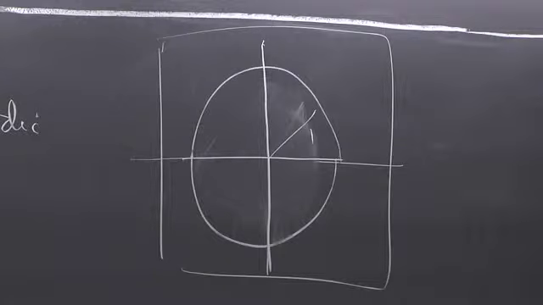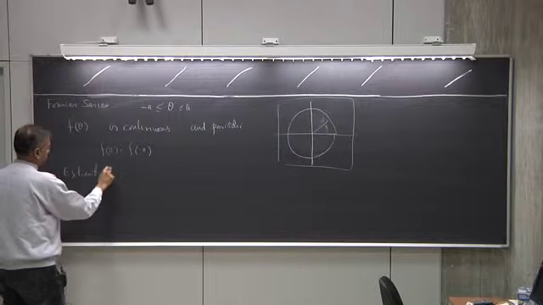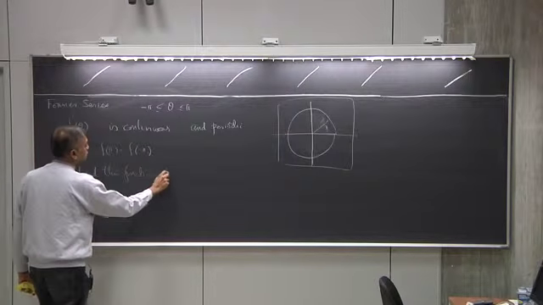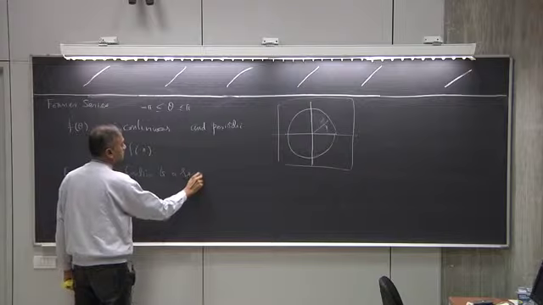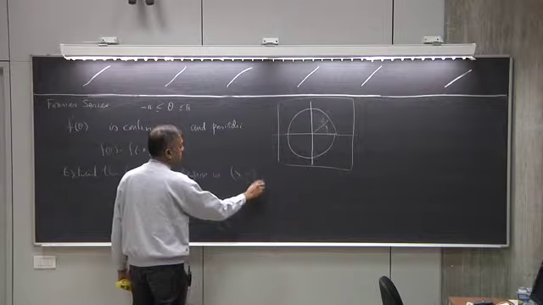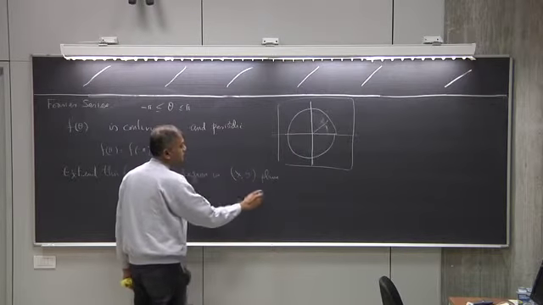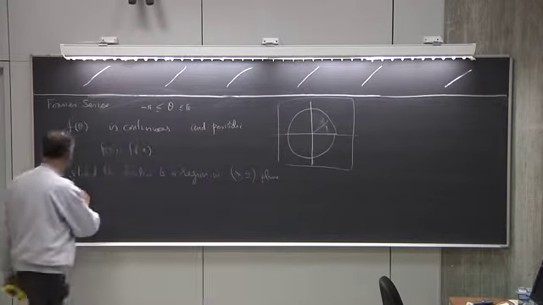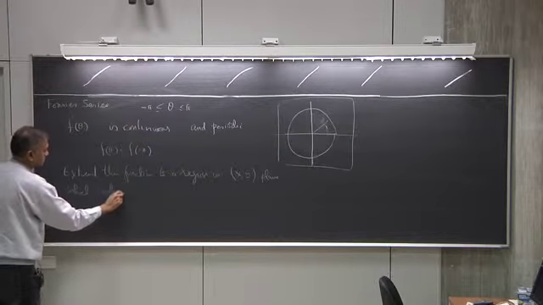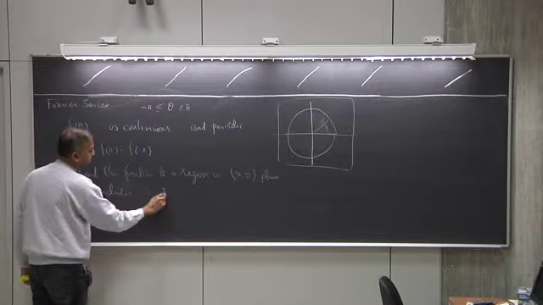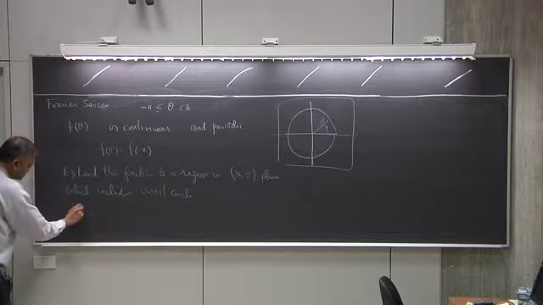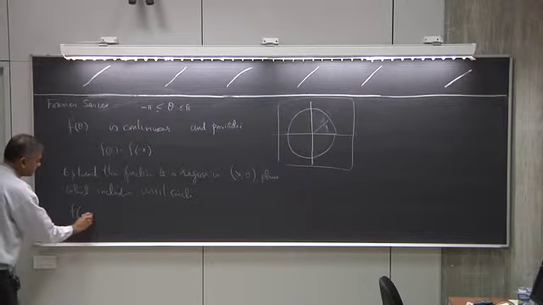So, we can extend this function to a region in the xy plane, which contains the unit circle. By the following definition, for example, there are many ways of doing it, but as an example, you can take this.